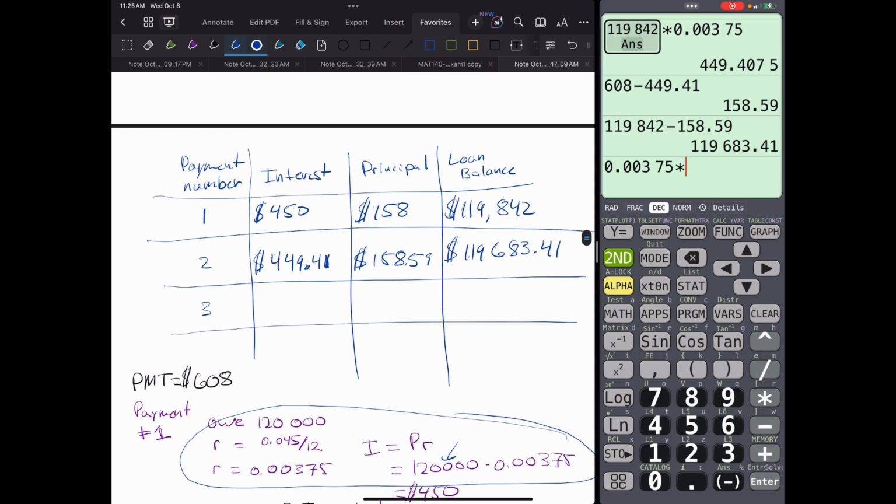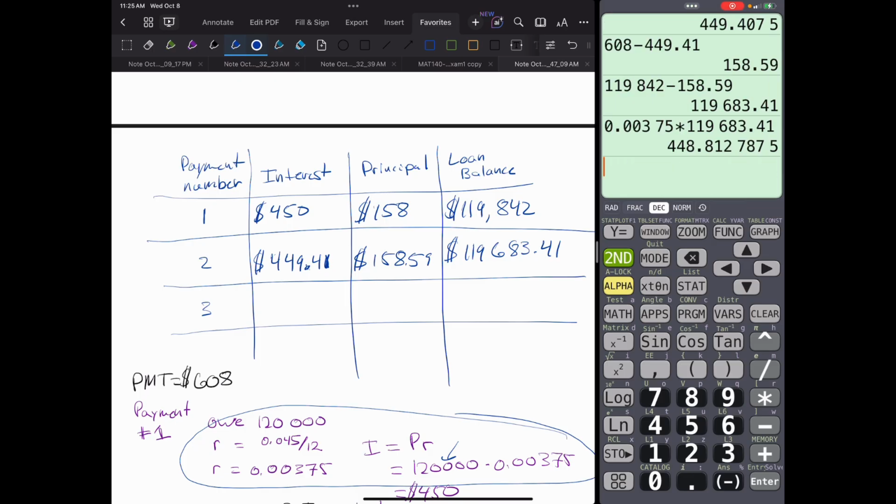And then I'm going to multiply that by my loan balance, which is 119,683.41. Okay, and that's going to tell me how much interest I owe for this month, and predictably it's a slightly smaller number than last month.